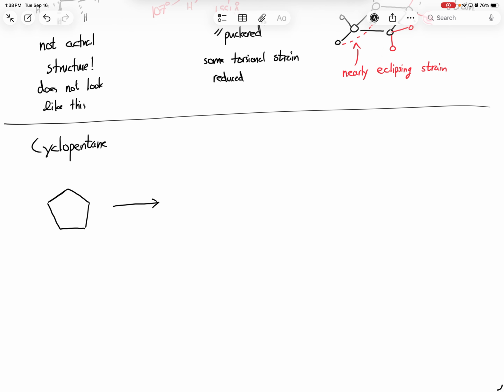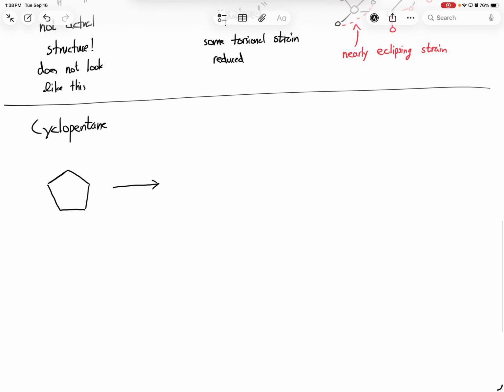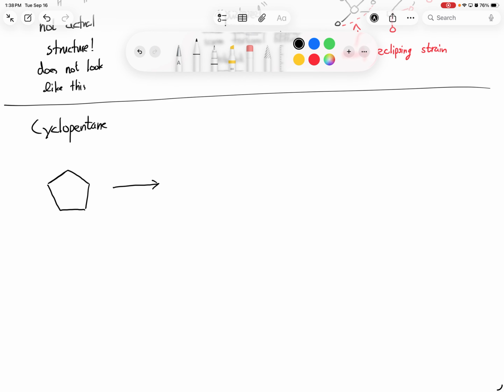So what it tends to do is undergo a conformation change, where now it looks like this. We call this the envelope. It gets that name because part of it is bent upwards and downwards like an open envelope, an actual envelope.